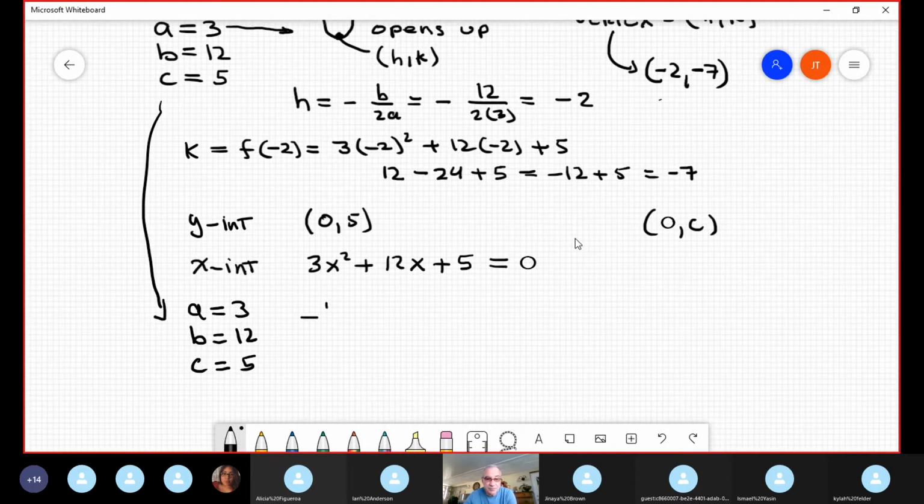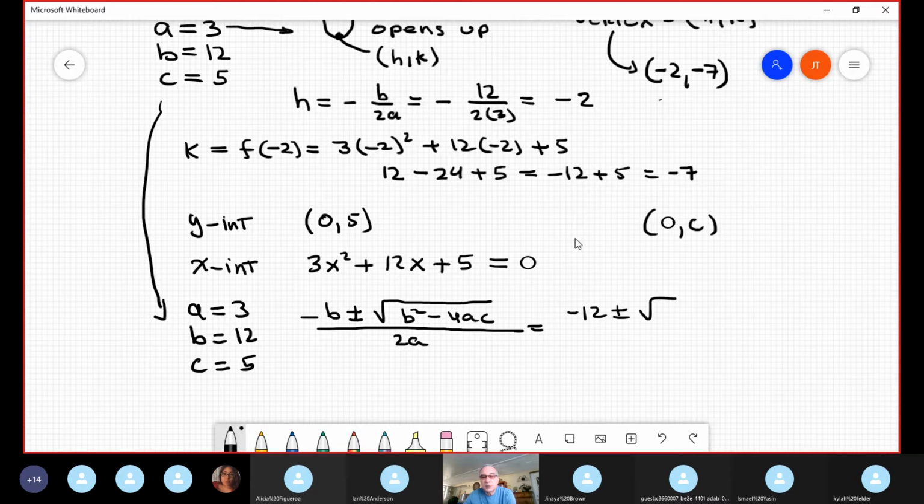The quadratic formula is minus B plus or minus square root of B squared minus 4AC, divided by 2A. In our specific example, it is minus 12 plus or minus square root of 12 squared minus 4 times 3 (A) times 5 (C), divided by 2 times 3, which is 6. Let's compute the part inside the radical.